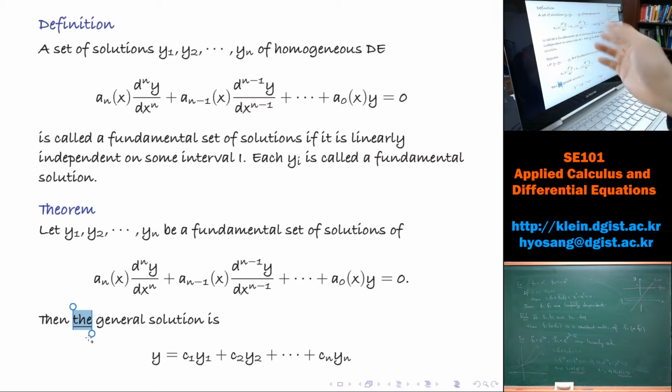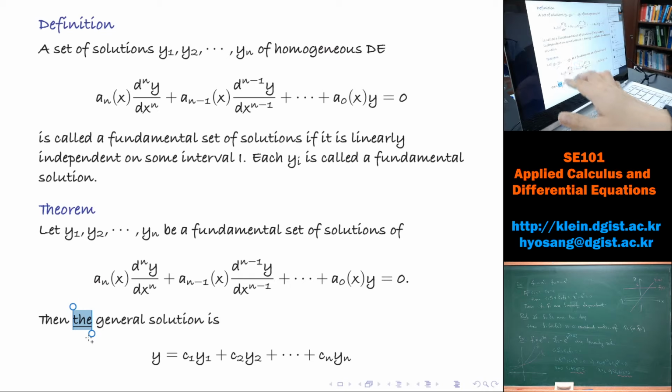So check whether you have n solutions in the formula of the general solution, where n is equal to the highest order of the differential equation. Second, check that these solutions y1 to yn are linearly independent so that they form a fundamental set of solutions.